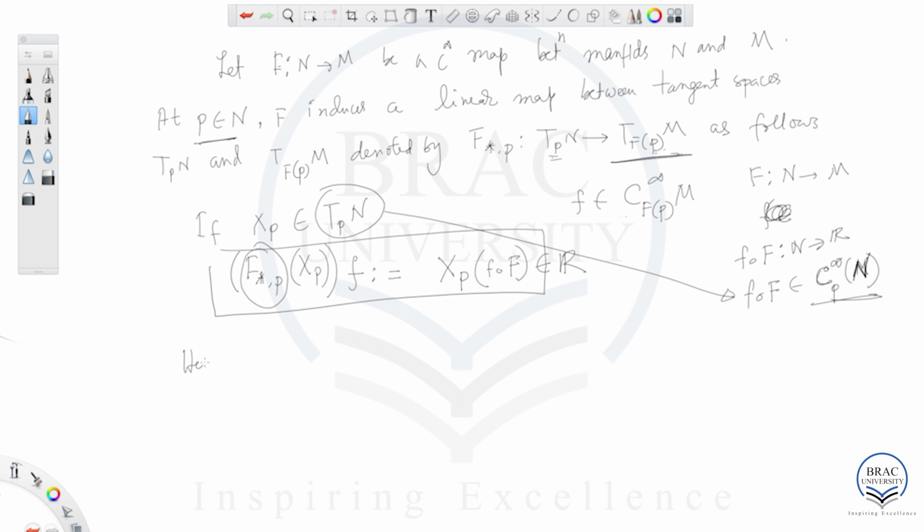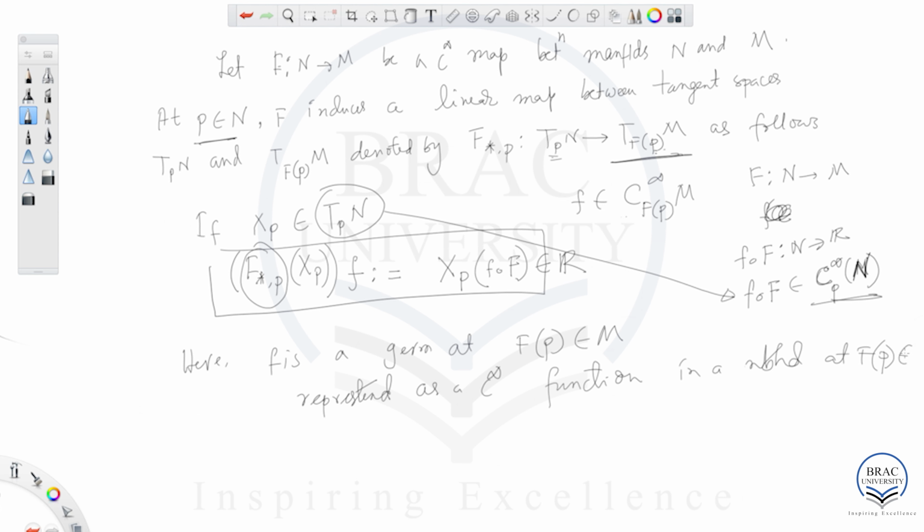So here f is a germ at F of p in M, represented as a smooth function in a neighborhood of F of p in M.